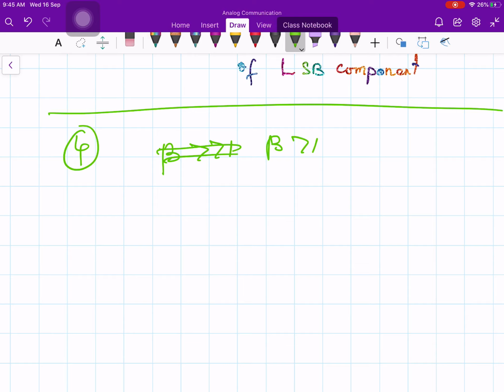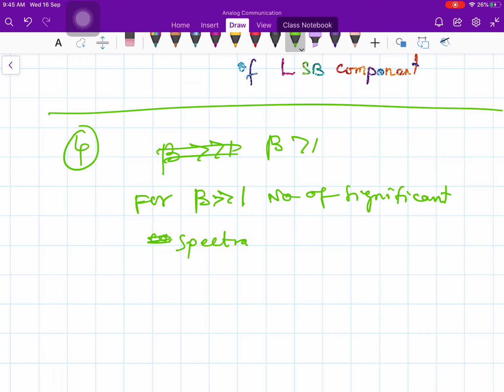Okay, these descriptions of bandwidth are qualitative. So small or large is qualitative, it's not quantitative. So a natural question arises: can we convert this into a quantitative value? So for beta much greater than 1, the number of significant spectral components is large.